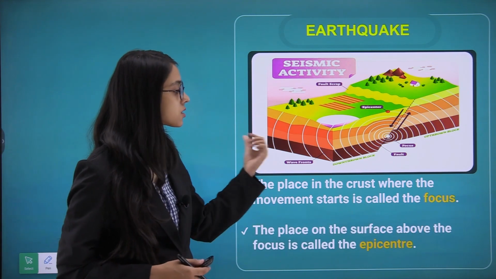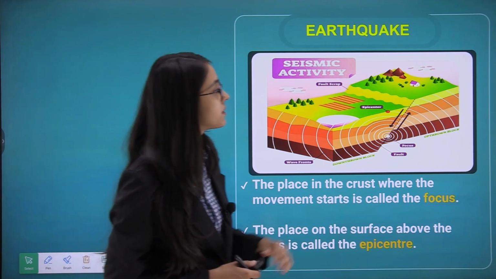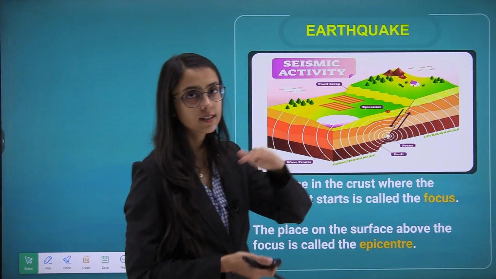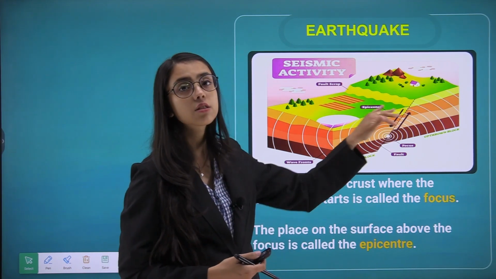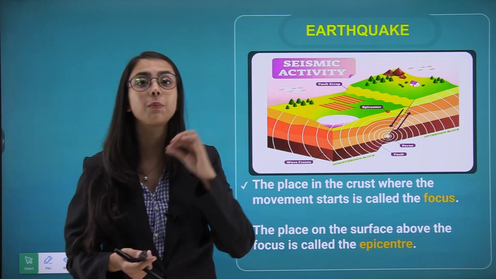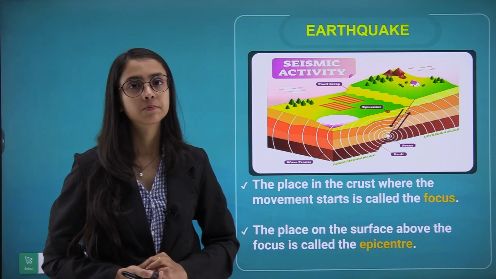The place on the surface above the focus is called the epicenter. The focus is inside the crust of the earth and the epicenter is on the surface, just above the focus, the place where the earthquake originates.